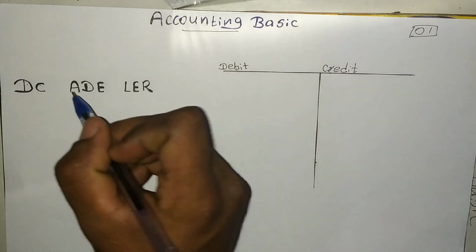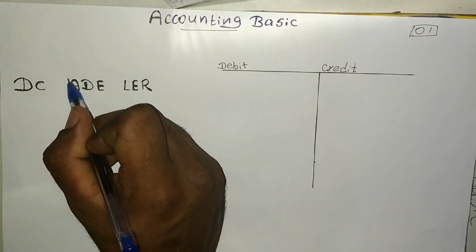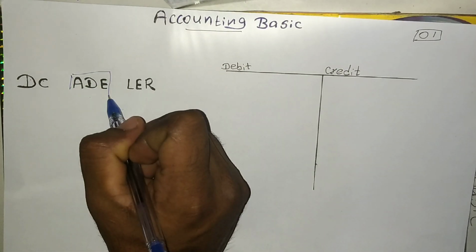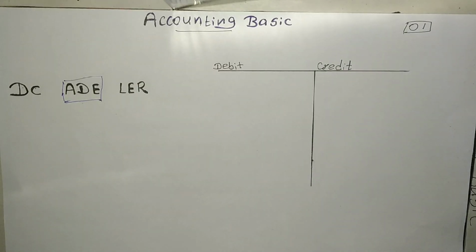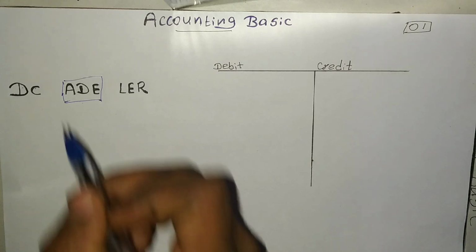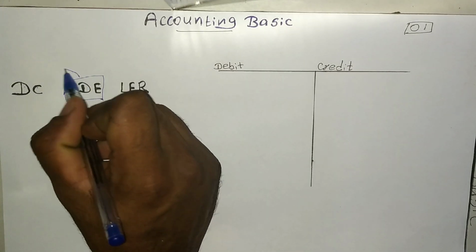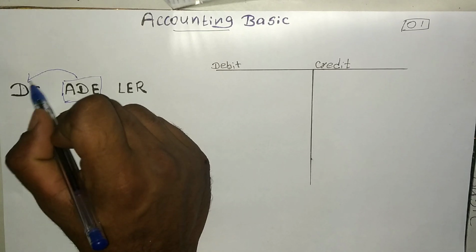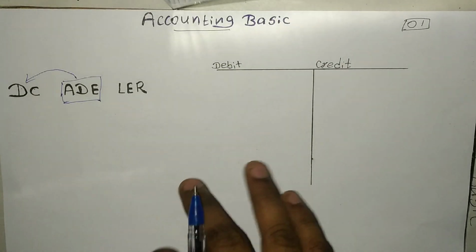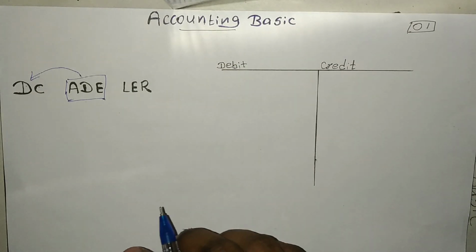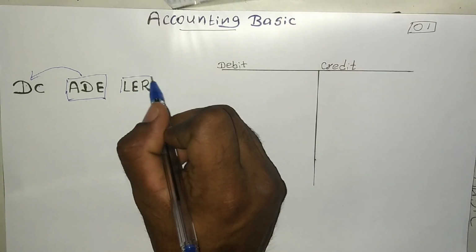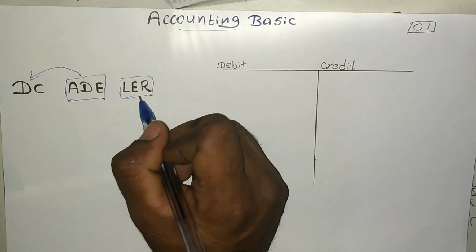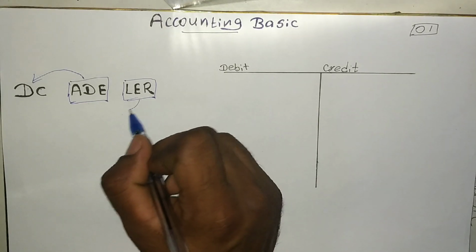Now what does this mean? What is the meaning of aid? A, D, E go into D. Ler, L, E, R, goes into C. Okay.